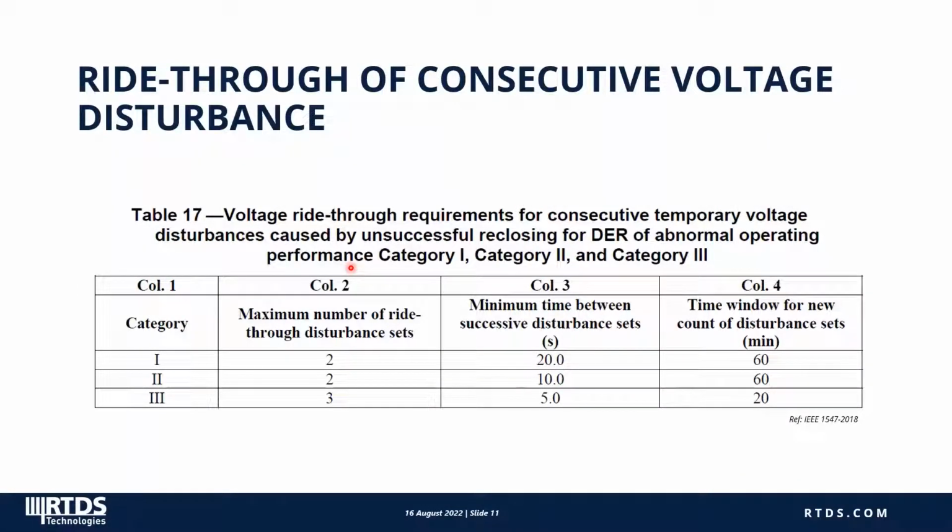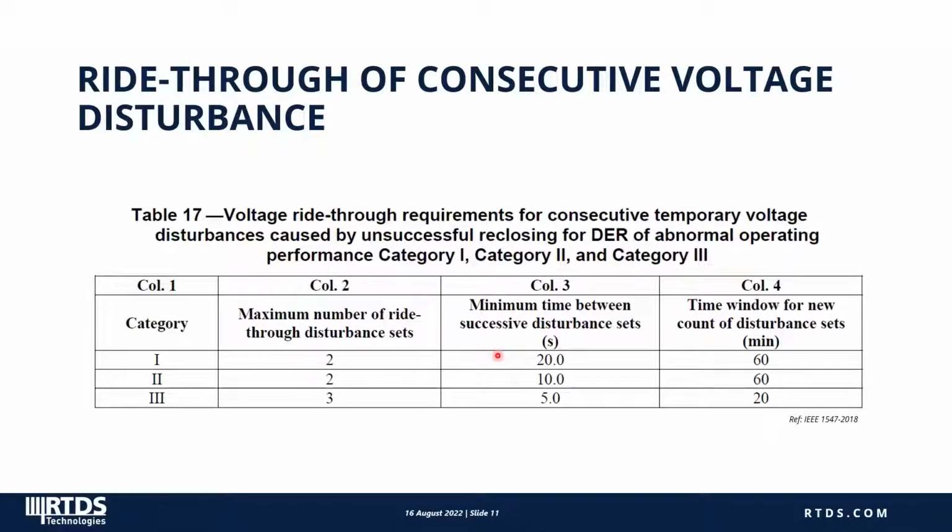In situations when a consecutive disturbance occurs, a disturbance set is established if the time between the two consecutive disturbances is within the specified threshold.